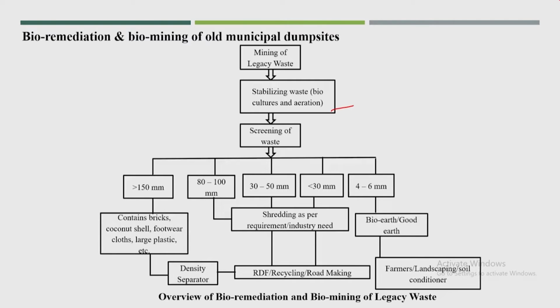It could be useful for farmers or as a soil conditioner. Most of the remaining materials could be used for the RDF process or for recycling. Some materials could also be useful for road construction, in particular sizes.